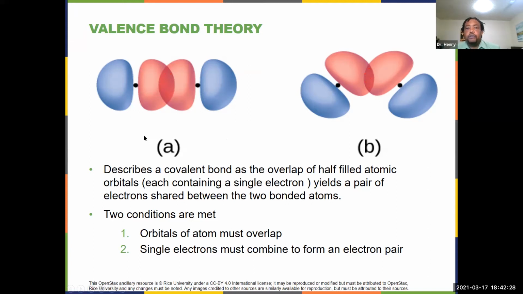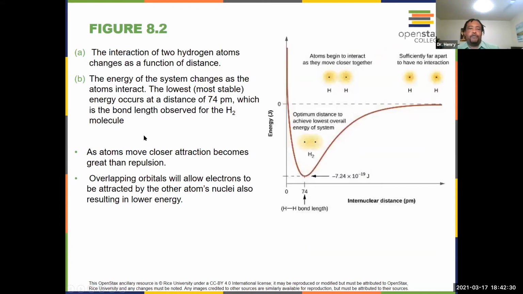Going back to what we've been saying since the very beginning of chemistry, at the end of the day, it all deals with energy. In the case of hydrogen, the reason hydrogen forms a diatomic molecule rather than single atoms is energy. This is an energy diagram of hydrogen. This is hydrogen as a diatomic molecule.